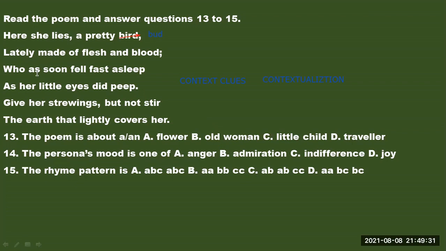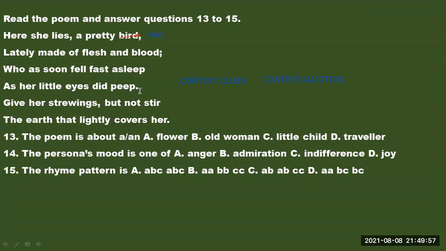So then, who as soon fell fast asleep? So we are talking of someone who has died prematurely here. If this is referring to an old woman, then we cannot say that she as soon fell asleep, because an old woman has lived long enough.